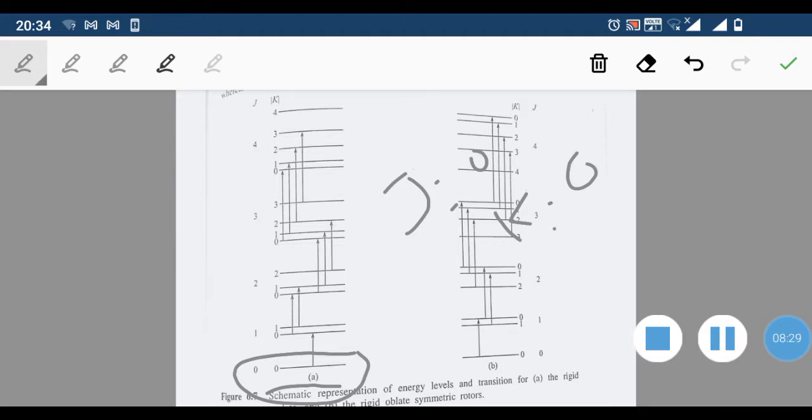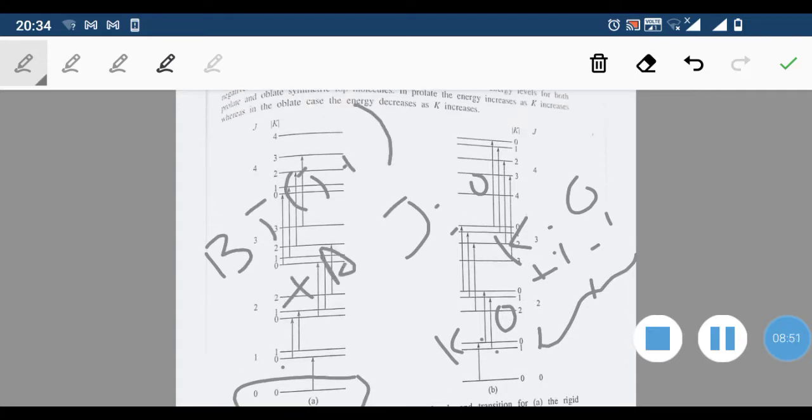Now for J equal to 1, we can have K equal to 0, K equal to plus 1, and K equal to minus 1. So there is a possibility of three different values of energy levels. But in the expression for energy, BJ(J+1) + (A − B)K², when K is plus 1, K² is 1, and when K is minus 1, again K² is 1.